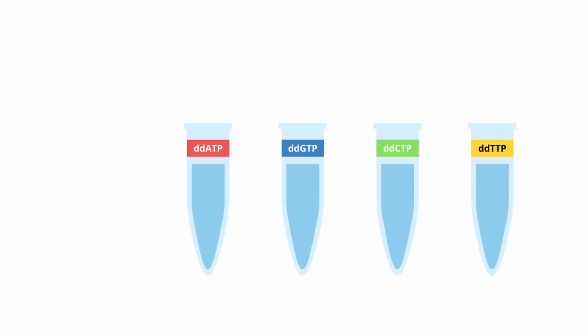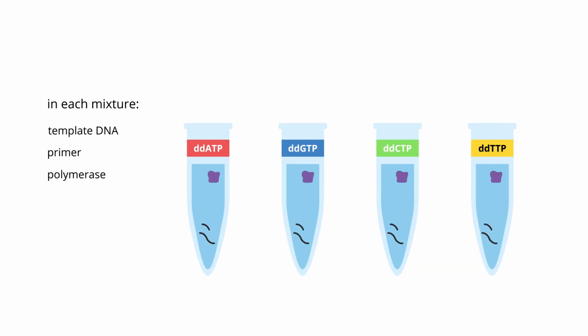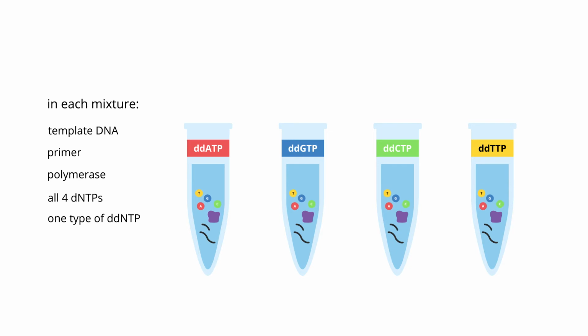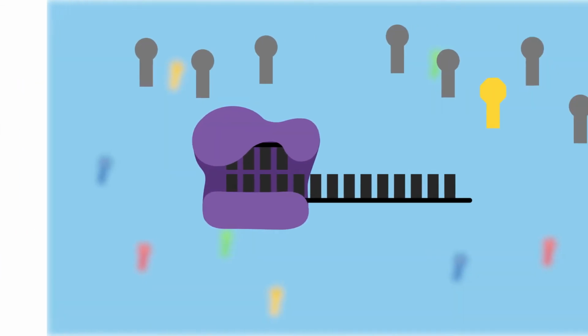To recap, in each reaction mixture, we have lots of template DNA, primer, polymerase, and all 4 dNTPs. Finally, in each reaction mixture, we add one type of dideoxynucleotide in small amounts. So 1 mixture of adenine, 1 of guanine, 1 of cytosine, and 1 of thymine. We'll leave the mixtures to react.